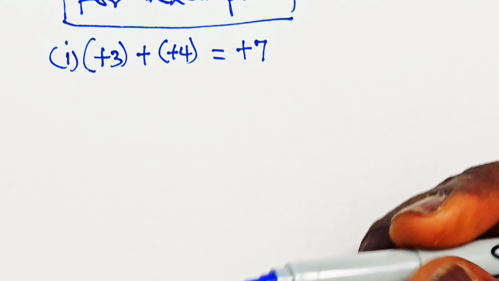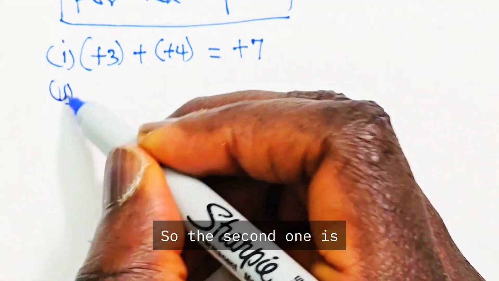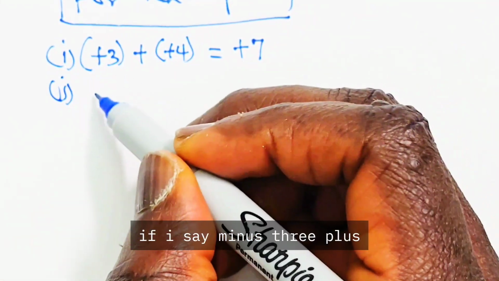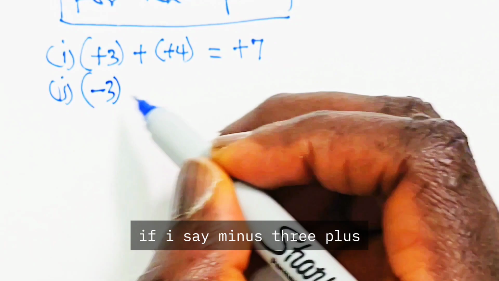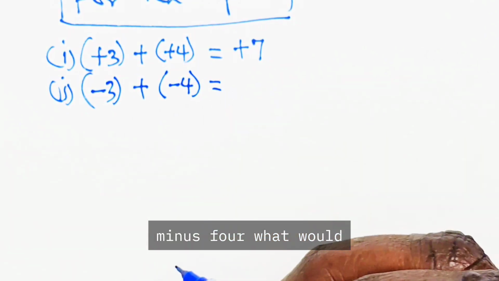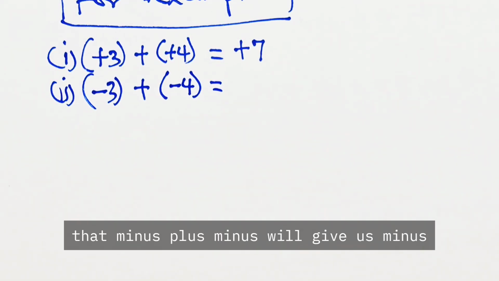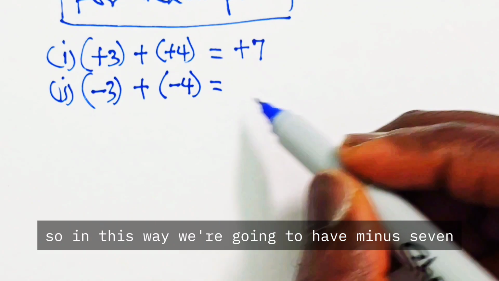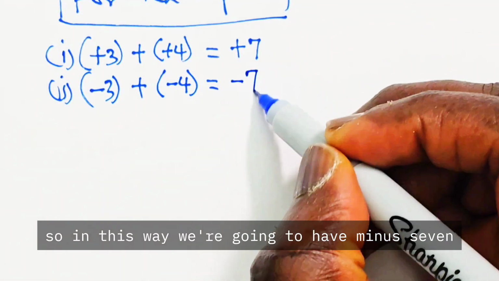That is simple. So the second one is, if I say minus 3 plus minus 4, what would that give us? We already said from the top that minus plus minus will give us minus. So we're going to have minus 7.